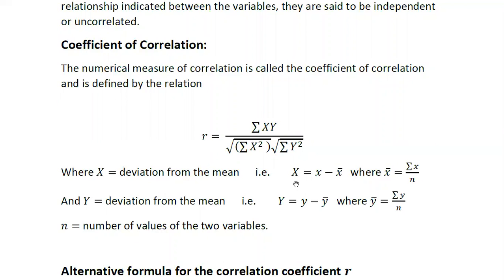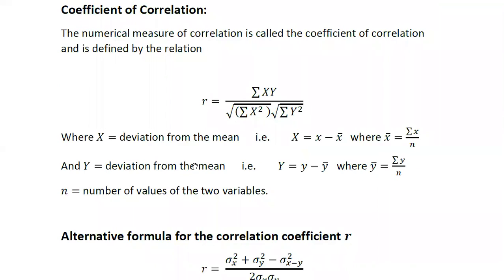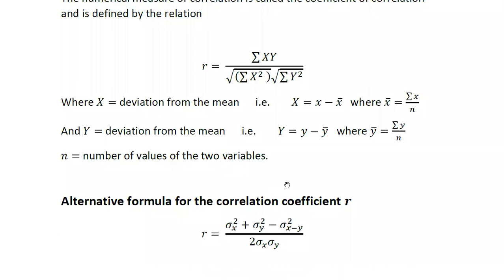That is, capital X is x minus x bar, where x bar is equal to the mean, which is summation x by n, and capital Y is equal to deviation from the mean, that is, capital Y is equal to y minus y bar, where y bar is equal to summation y divided by n, and n is equal to the number of values of the two variables.